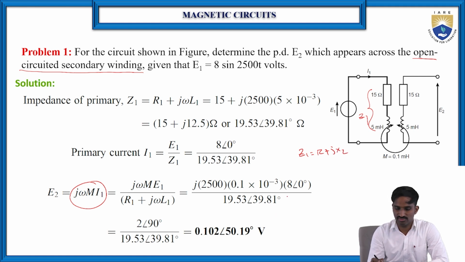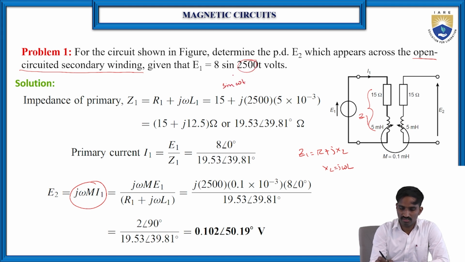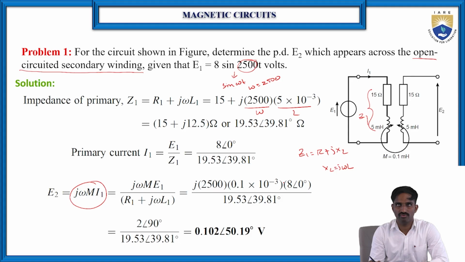XL is equal to omega L. Here omega is equal to 2500, because it is in the form of sine omega t. So j into 2500 is omega, and L is 5 millihenries, so 5 into 10 to the power of minus 3.